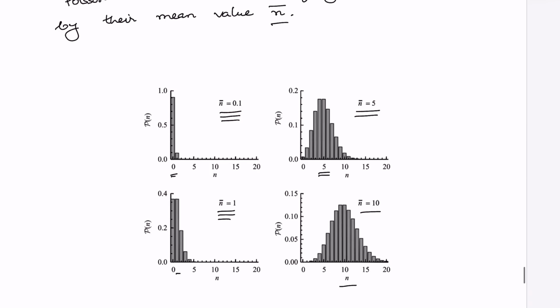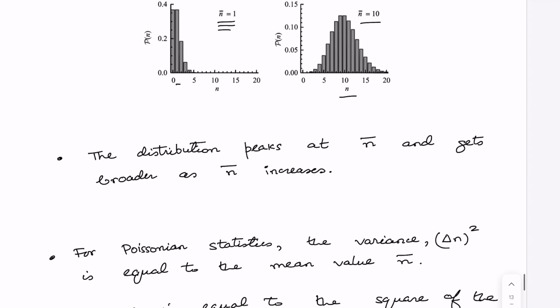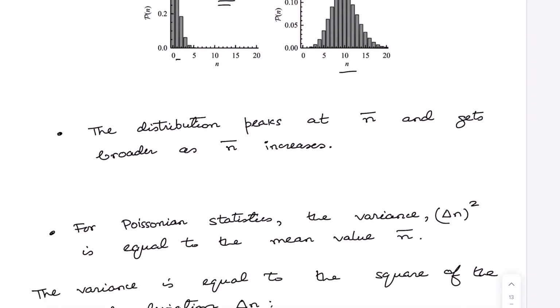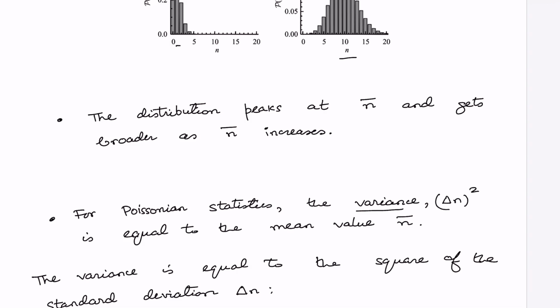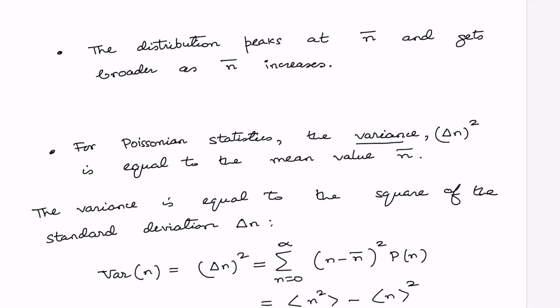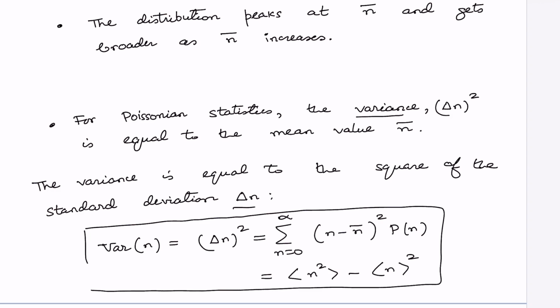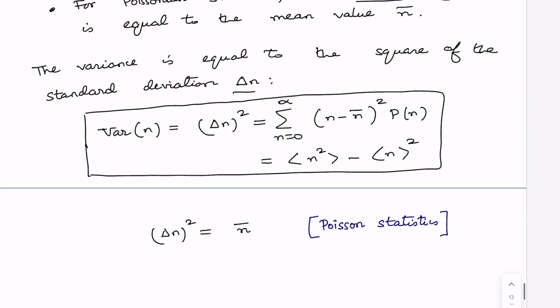Now the fluctuation of a statistical distribution about its mean value is usually quantified by a parameter called variance, and variance, as you know, is equal to the square of the standard deviation delta n, and it is defined as this expression. I'm sure most of you have seen this expression. So this is how variance is defined, and it is well known in Poissonian statistics that the variance is equal to the mean value n bar.